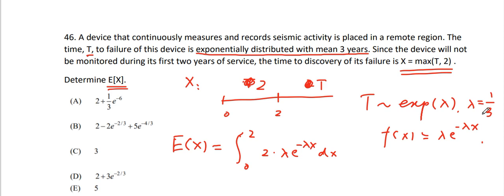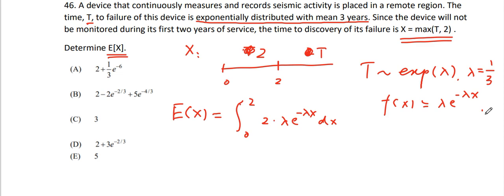Okay, so then plus, when t is larger than 2, from 2 to infinity, x is equal to t, so we just use x: the integral of x lambda e to the negative lambda x dx.